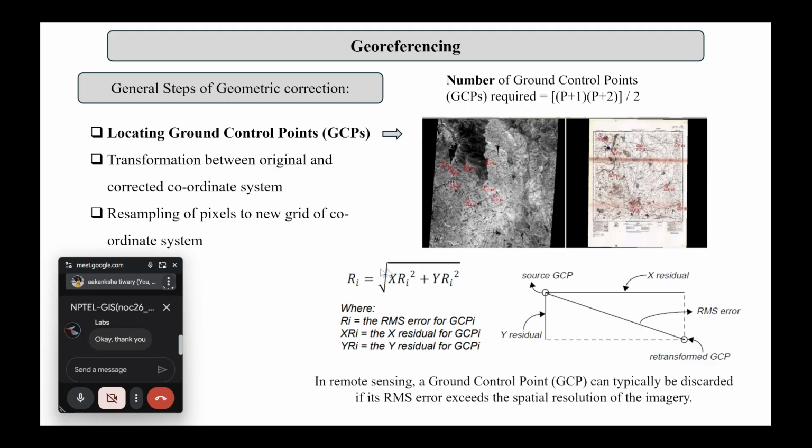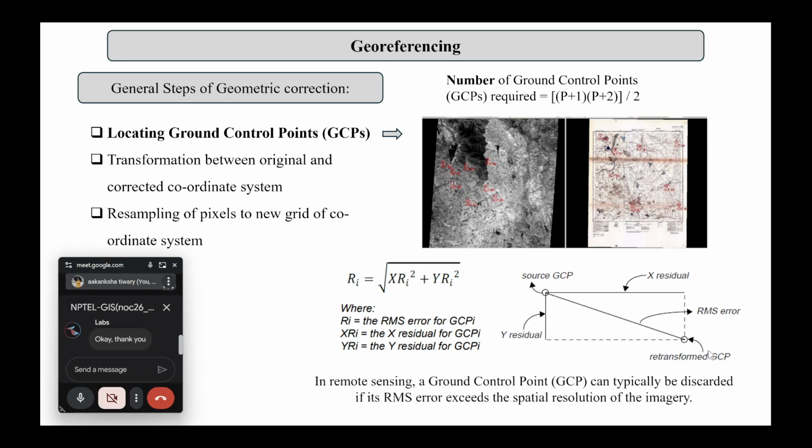So what happens when we give ground control points? Suppose we gave 3 ground control points. After assigning them, the image will be transformed and will try to align such that the ground control points here and here have minimum error. They are aligned with each other after transformation.